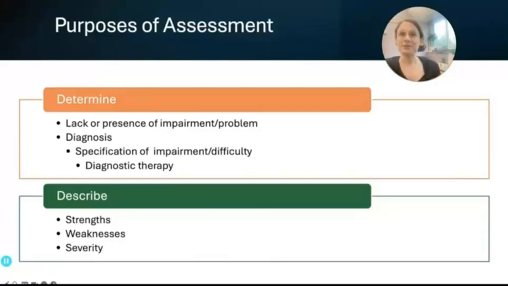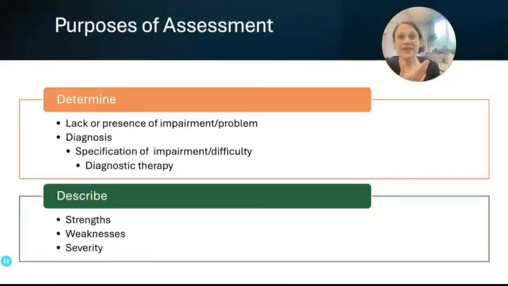Because if I can get some improvement in their voice by them doing certain behavioral exercises, then I know that maybe there's a functional or behavioral component to the voice problem versus simply structure, where something's wrong with the vocal cords or the throat.